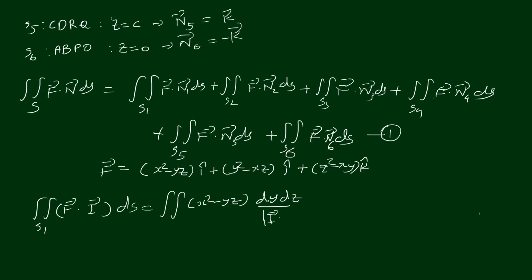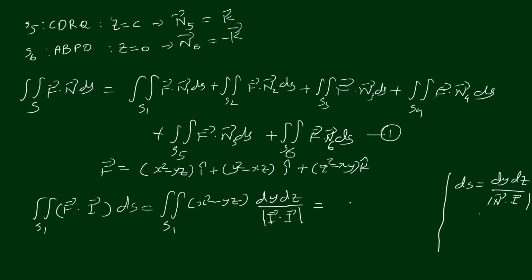So n dot the unit normal vector to the yz plane, that is also the i vector, you will get i dot i equal to 1 only. So dS is dy dz over the magnitude of n dot i, and substituting n vector as i vector, i dot i is equal to 1.